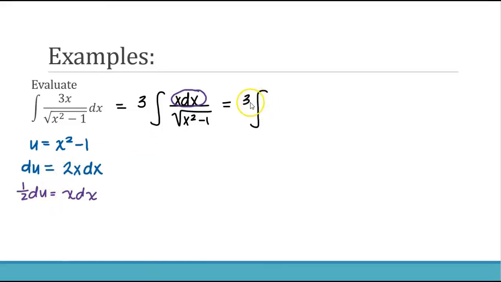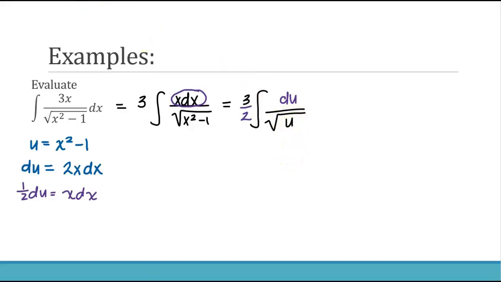And I'm going to put the 1/2 in the front. Well, that's just putting 3 times 1/2, or 3 halves, in the front. And then in the numerator, putting my du, and then we have over the square root of u, since x squared minus 1 was my u.